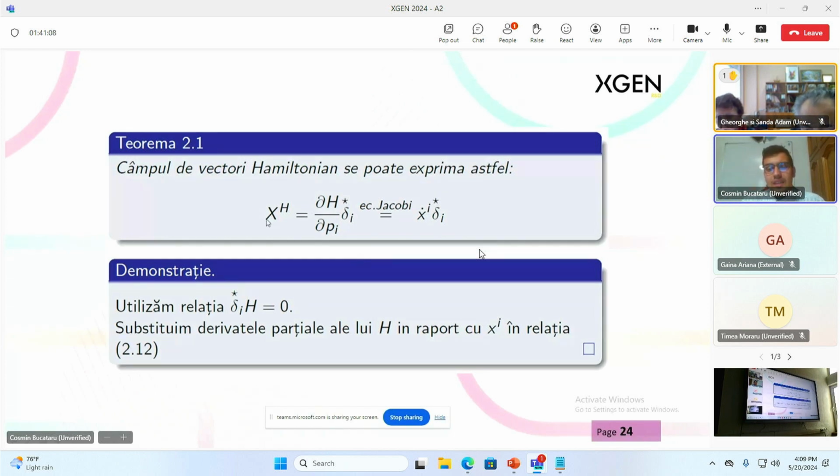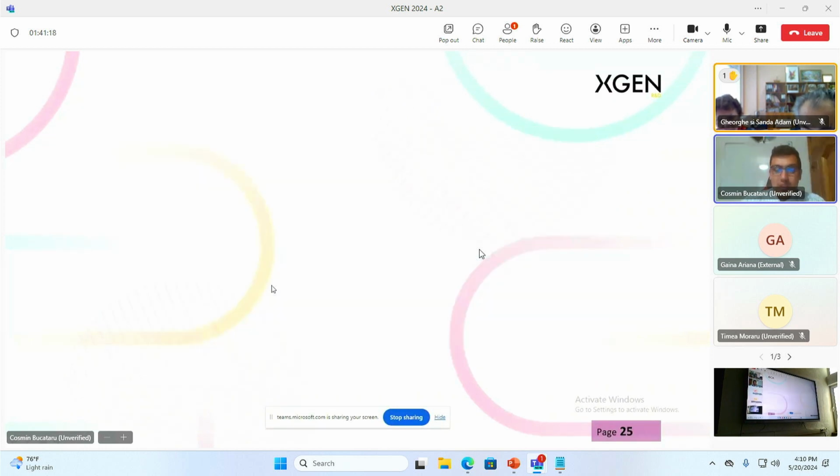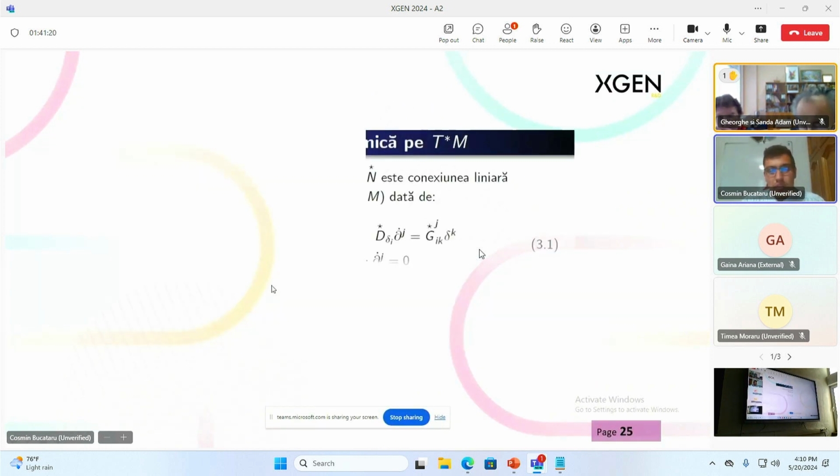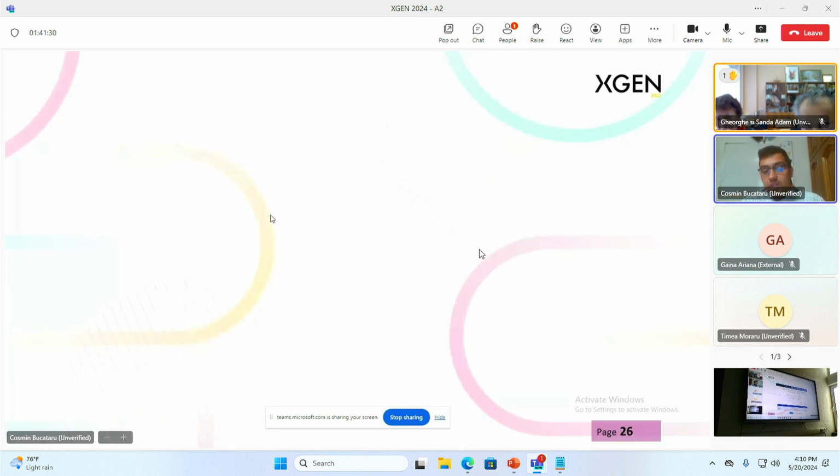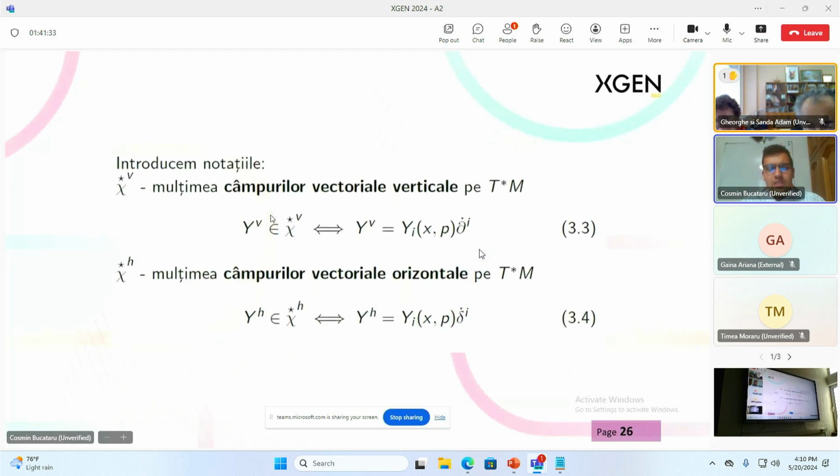So we obtained this relation in theorem 2.1, where it was absolutely necessary to use the definition introduced. So the H must be a metric connection. In the same manner, we can connect a linear connection, which is the Berwald connection associated with the N star nonlinear connection.